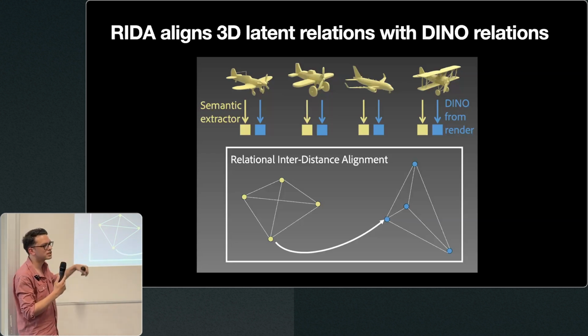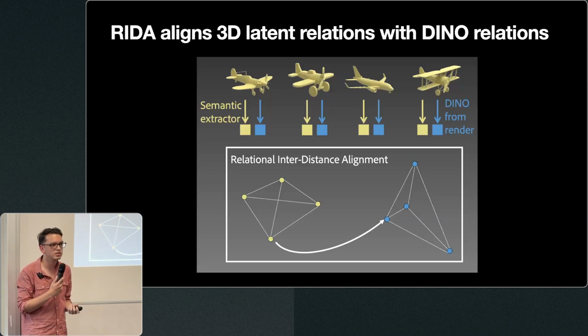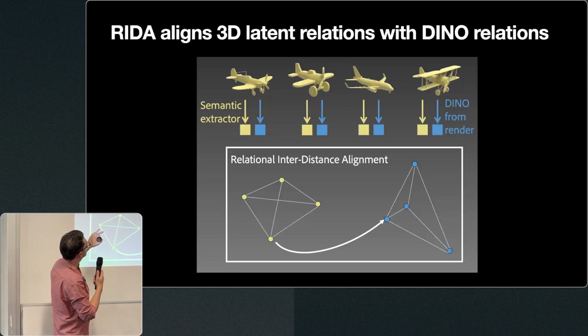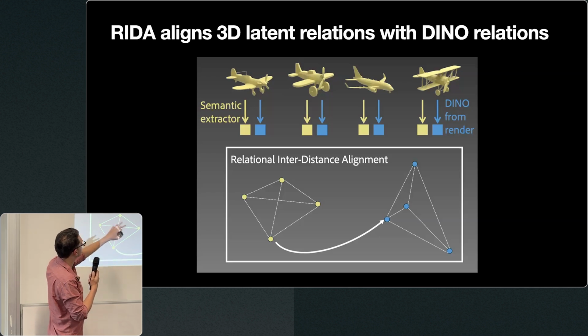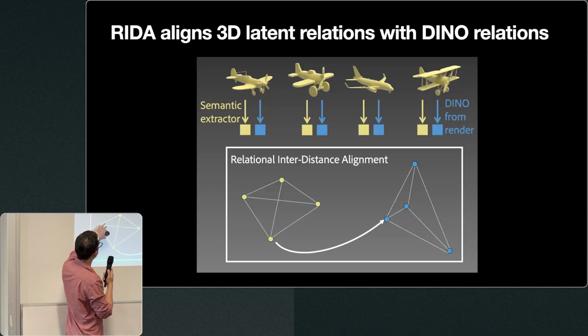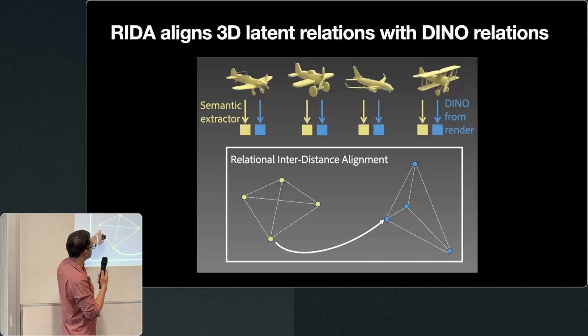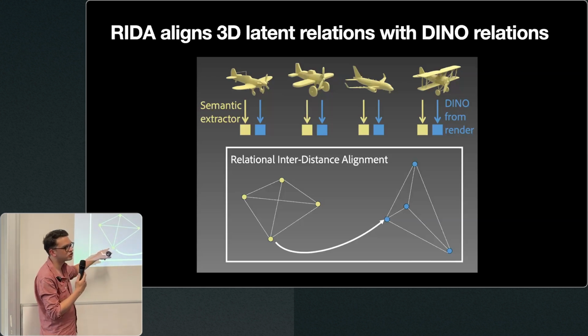And we are going to learn this in a self-supervised way, which means without any kind of labels. So let's say that DINO says that all of these four planes are similar, and we're going to trace back to the 3D latent space. Let's say this is the 3D latent space that we have, which is highly geometric.